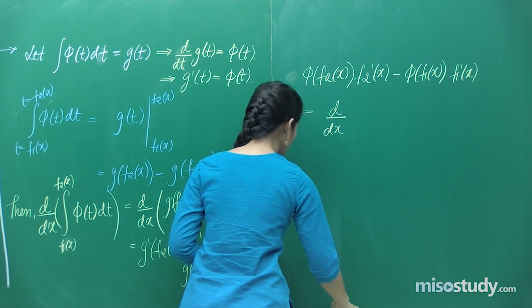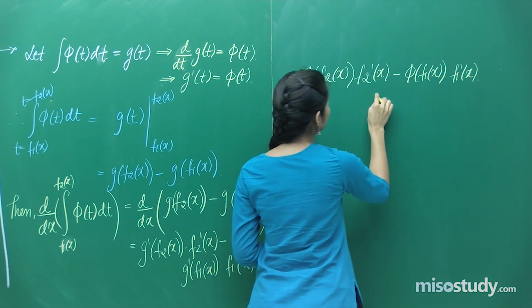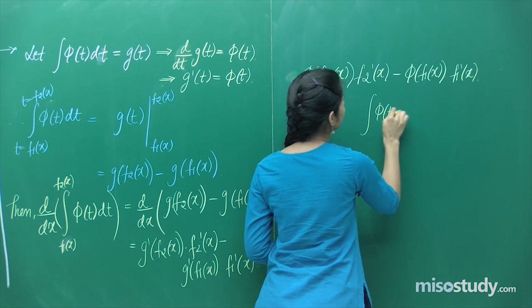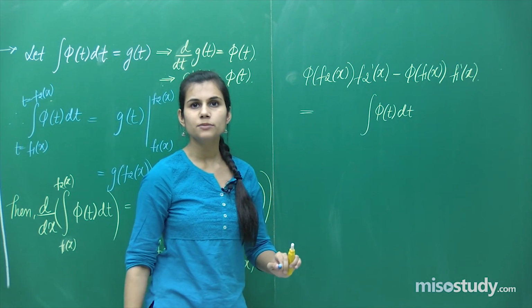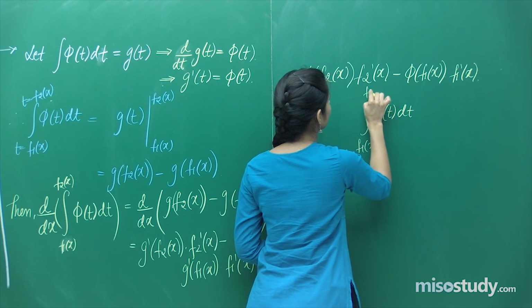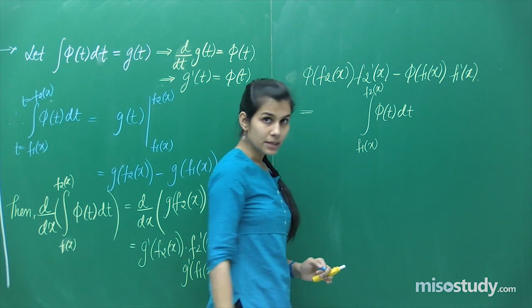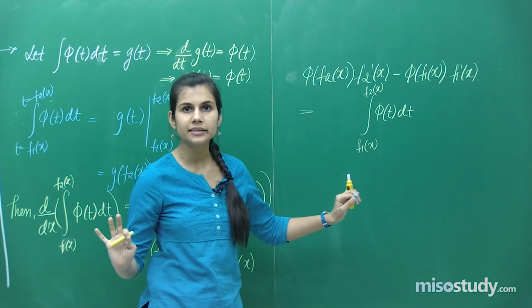So what I basically want to point out to you is, by this proof, that either first you calculate the integral phi(t) dt, get a function in terms of t, then apply the limits. Because the limits are in terms of x, the answer is now going to be in terms of x, t will be eradicated.